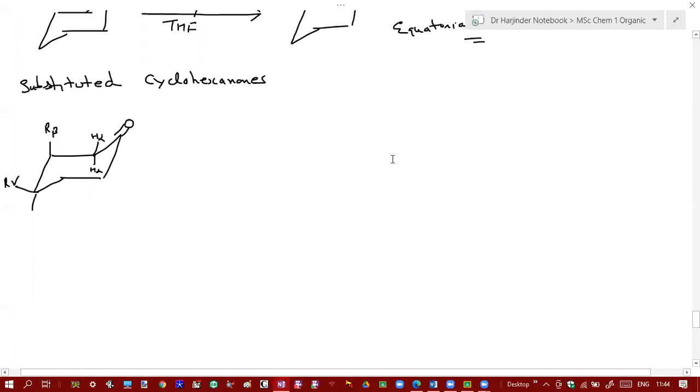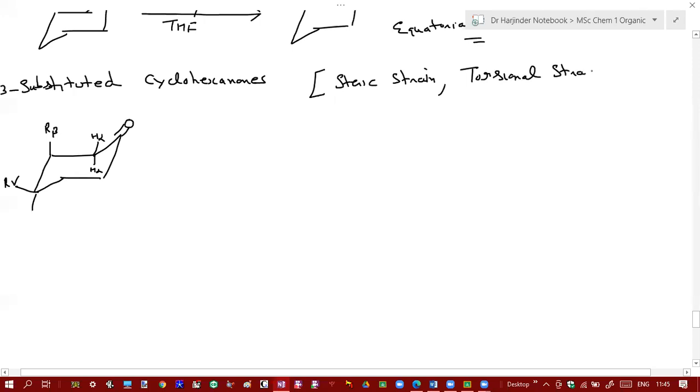So now you have a substituted cyclohexanone. This is basically a 3 substituted cyclohexanone. You have a very bulky group present over this beta position. Now how will the presence of this group affect the reduction reaction? In case of substituted cyclohexanones, we have to consider both steric strain as well as torsional strain.